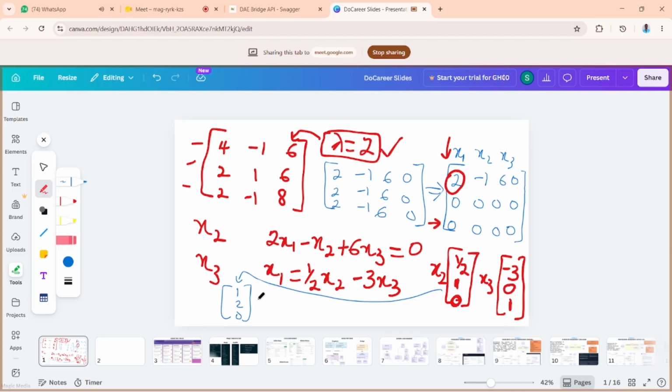In that case, if only x3 is a free variable, we might have only one eigenvector. This time around, the eigenvectors are 2. So in your conclusion, you can write this and this, putting them apart.